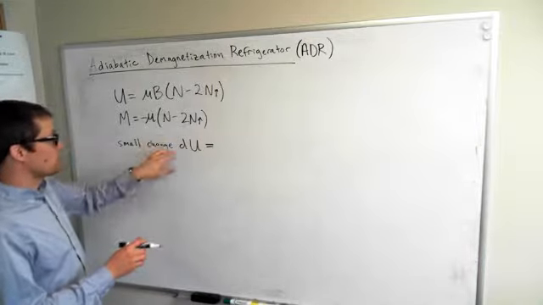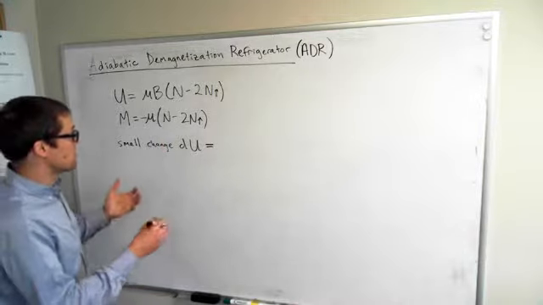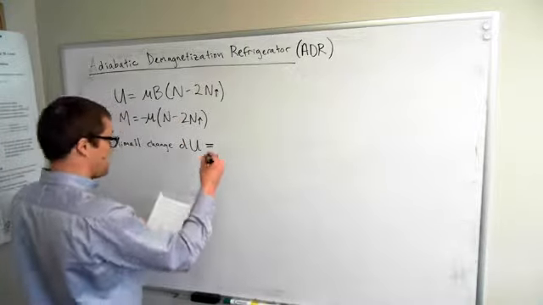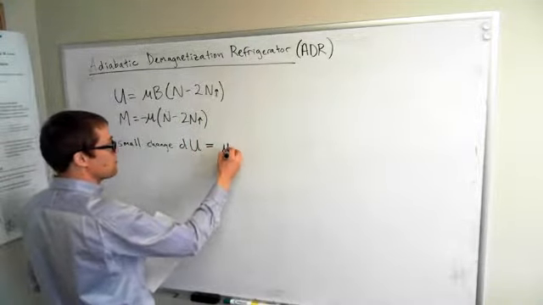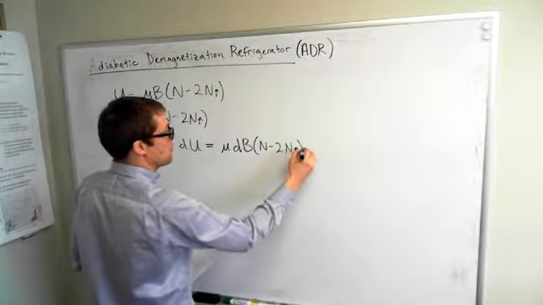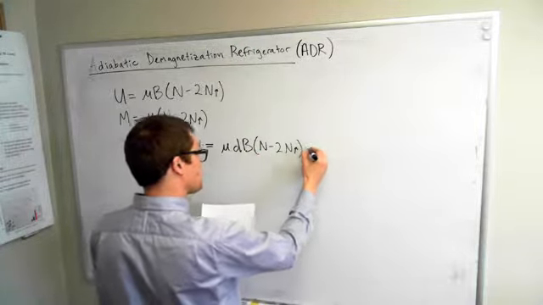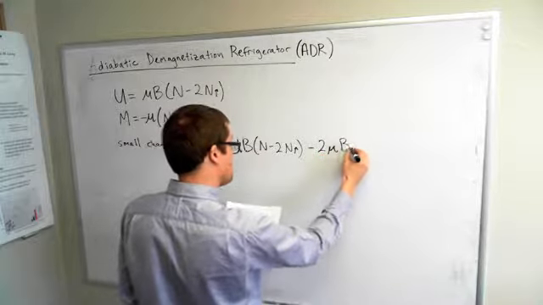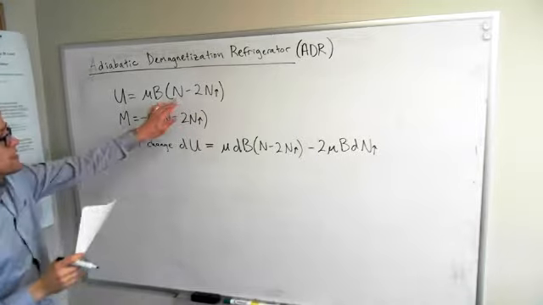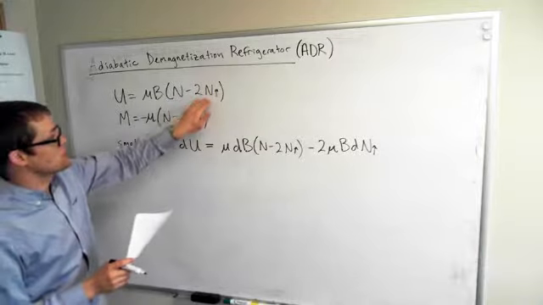So if we consider a change in U due to possible changes in B and N up, keeping big N fixed, then this can be written as follows. You can do a sort of product rule on this. You get a mu dB, and then we consider the change in the other part of the system, so we get a minus 2 mu B dN up. Right, N is fixed, so the second term comes from considering the change in this term, which is only due to the change in N up.